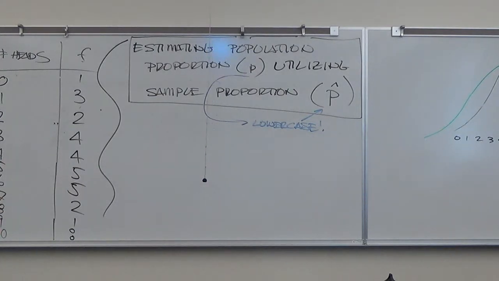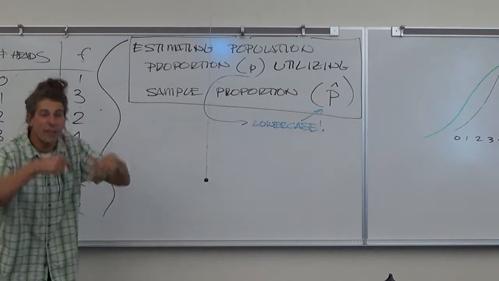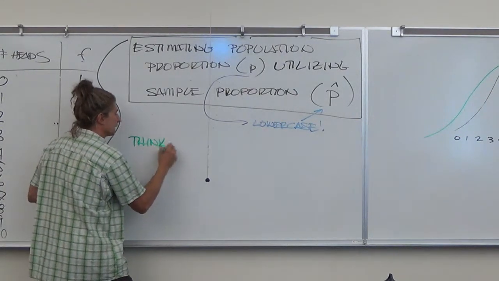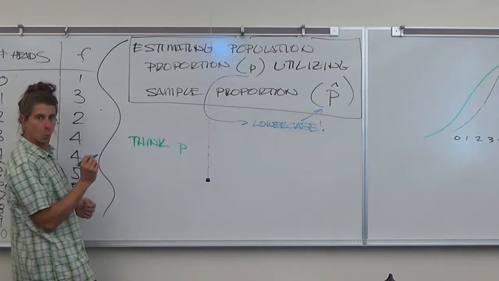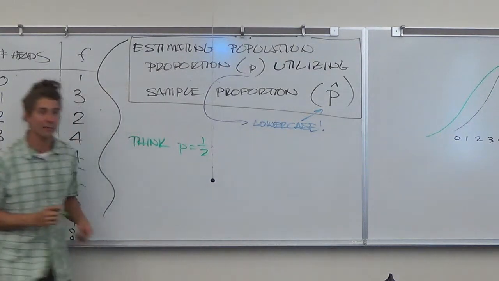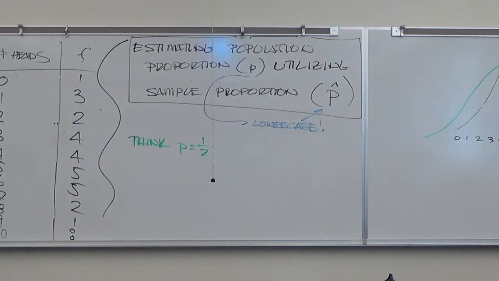The calculation of p hat is really simple. A p hat is a sample proportion, right? Now we know what we think little p is. We think little p, according to this, is 1/2. Now what does that 1/2 mean again? One out of 2 times. A little bit more. On average, 1 out of every 2.